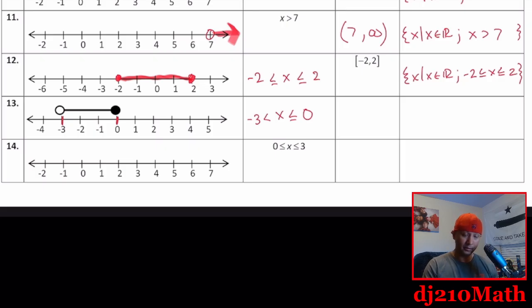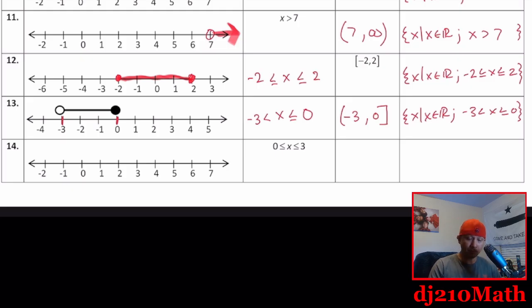And for the interval, we have -3 on the left, comma, 0. -3 will get the parentheses because of the open circle. 0 will get the bracket. Set notation, curly bracket, x such that x is a real number, and x is between -3 and 0. Could be 0, but it's definitely not -3.